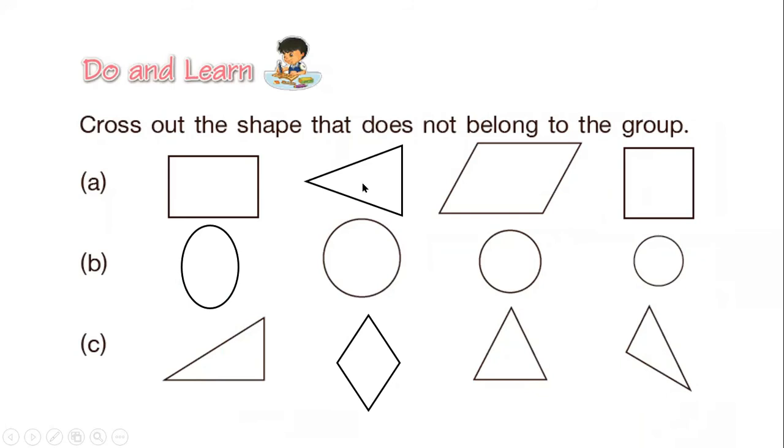This is a triangle, 3 sides and 3 corners. This is a quadrilateral, 4 sides and 4 corners. And this is also a quadrilateral. So we see that a triangle does not belong to group A. So we cross it out.